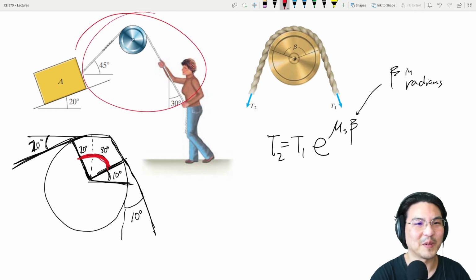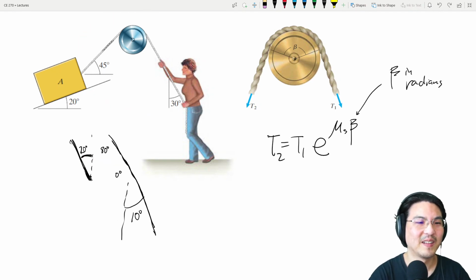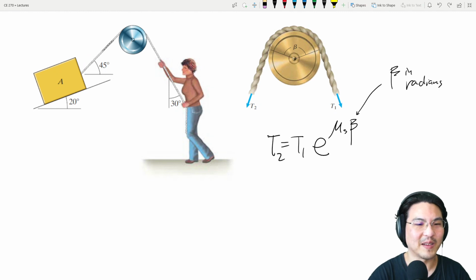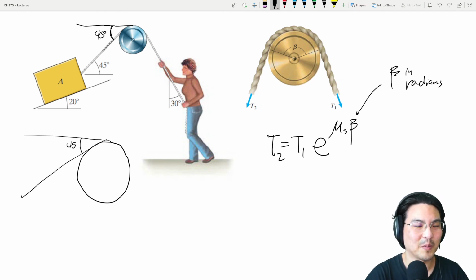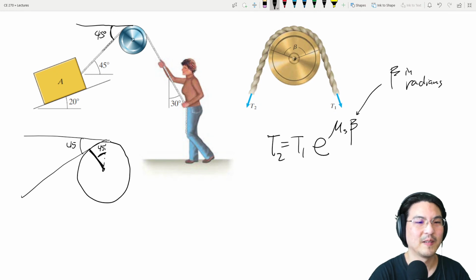Okay, let's try this example right here. There's that fixed cylinder. I'll just draw it over here. Here to here is how much? 45, right? So here to here, this is 45. Then perpendicular to that is right here, 45. Now let's look over here.